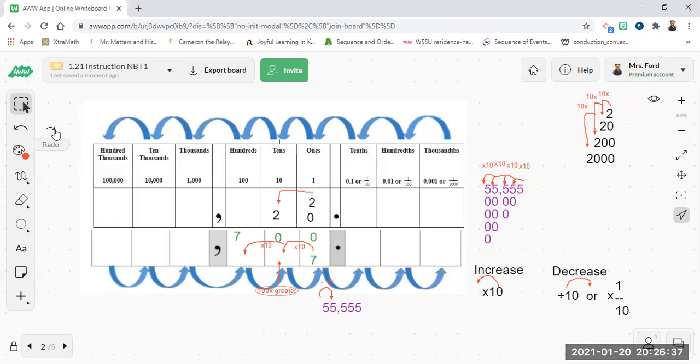Dividing by 10, smaller, going to my hundreds place value. Dividing by 10, going to my tens place value. I'm still getting smaller. My places are getting smaller as well as their values. Dividing by 10. And again to my ones place.